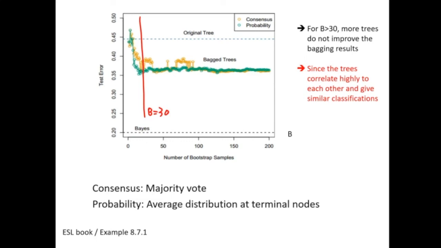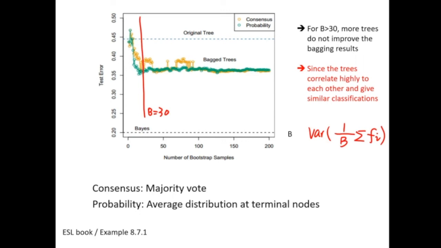Okay, so what does this mean? When we compute the variance of 1 over B, summation of Fi, we actually cannot make the assumption that the covariance between Fi and Fj equals 0.